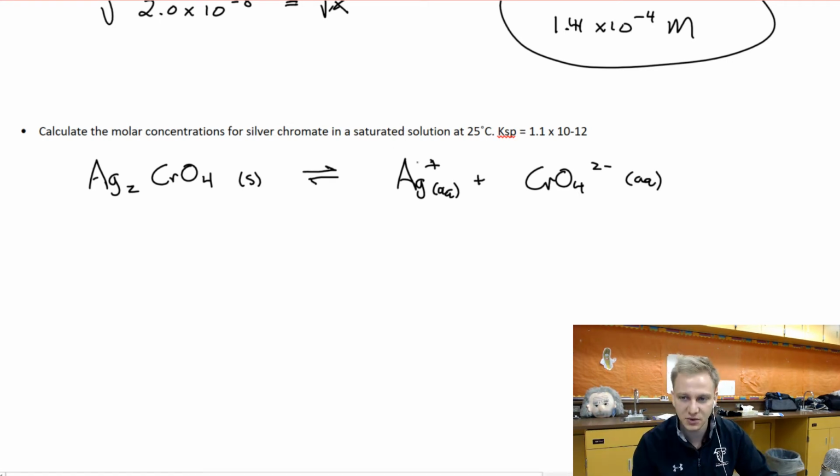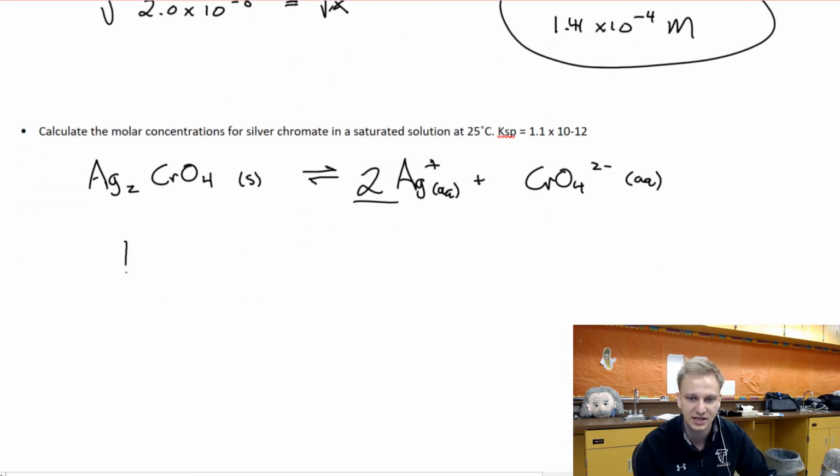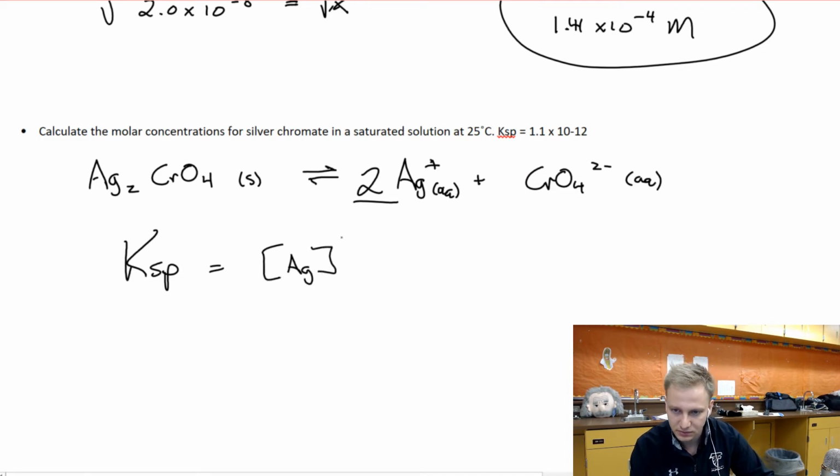Now the problem with these questions is that we have a balancing coefficient, because we have an Ag2 and we have 2 Ag pluses. So when we solve for KSP, we're going to have the concentration of Ag squared, and we're also going to have the concentration of CrO4, and that one doesn't need to be squared.